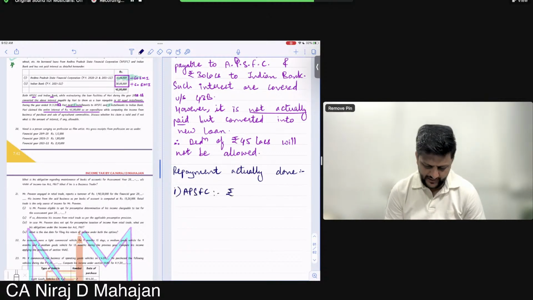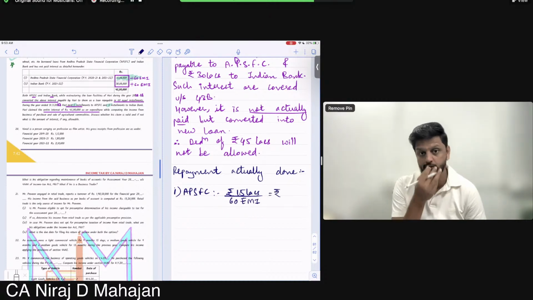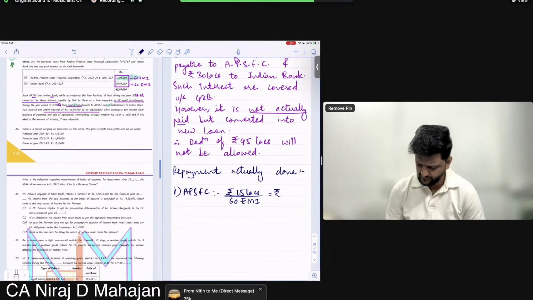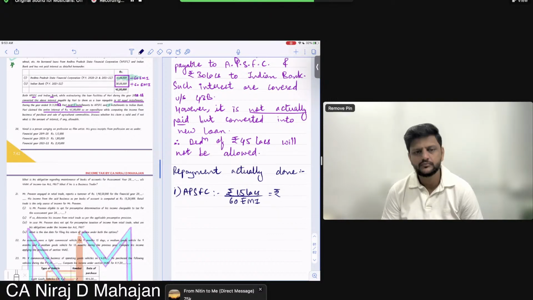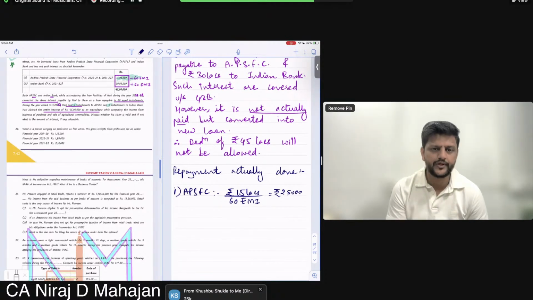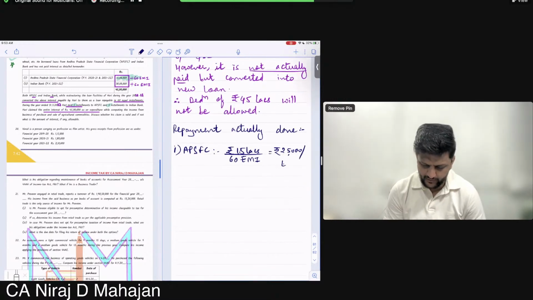Rupees how much pending? 15 lakhs, upon 60 EMIs or 60 months. So it comes to rupees 25,000 per EMI.